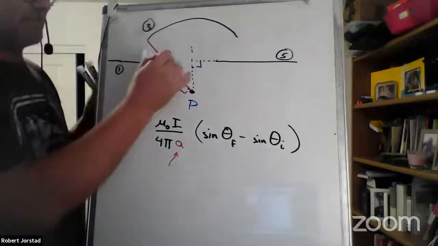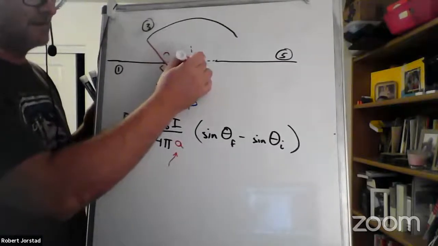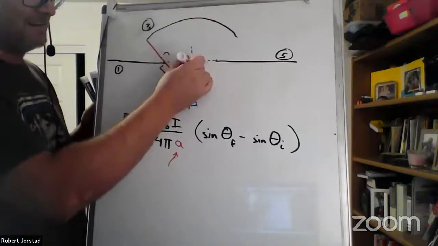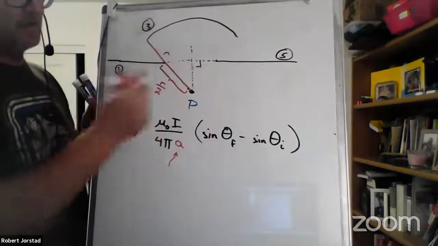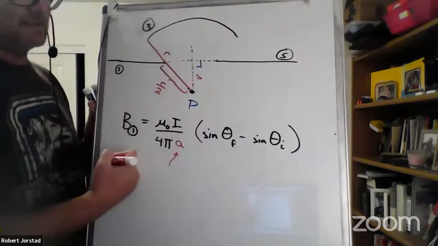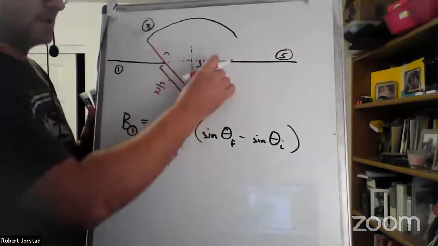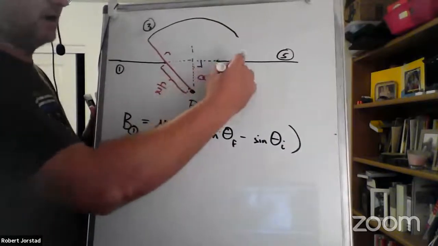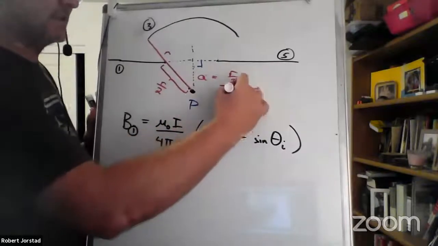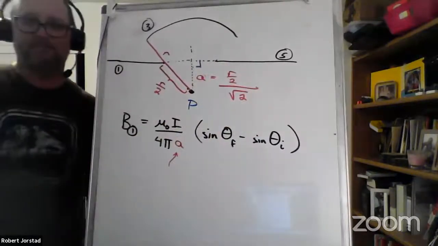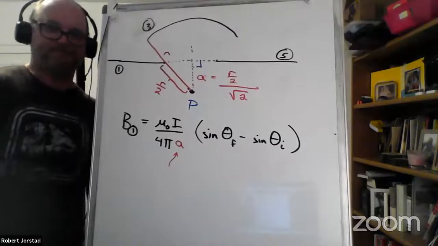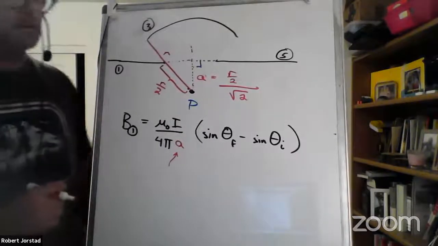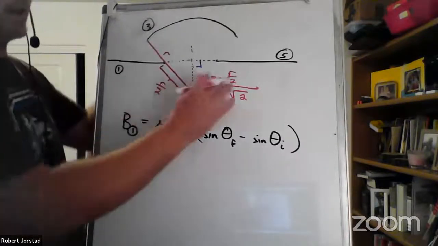That was supposed to be fun. Sorry if it wasn't. My bad. But the idea is, let's say this side is S. Well, let's see, we said this is A, isn't it? So A should be equal to R over 2 divided by square root of 2, I believe. You could check it this way if you want.